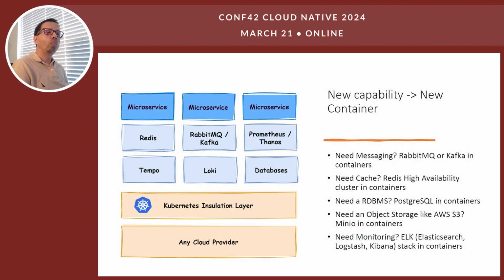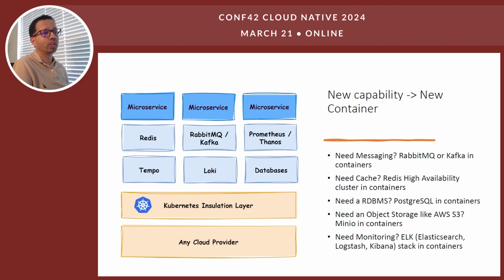Okay, if I want to run some kind of messaging, let's say RabbitMQ or Kafka, just need a new container. I want some cache, run another container. If I want Redis to have high availability, we can run a Redis cluster in containers. We want some DBMS, okay, fine.